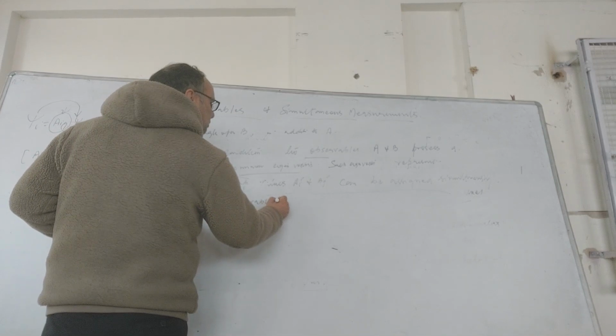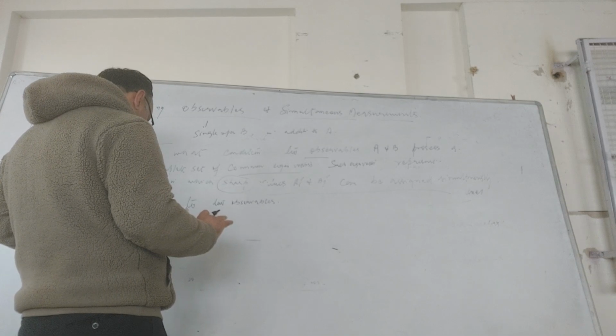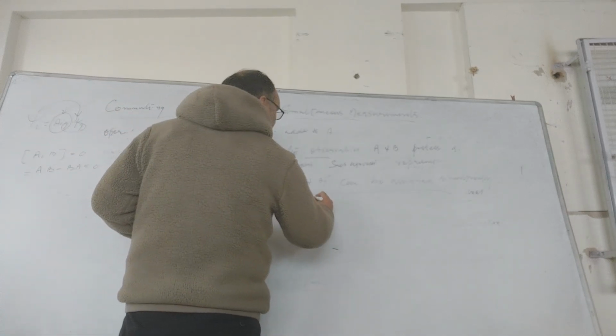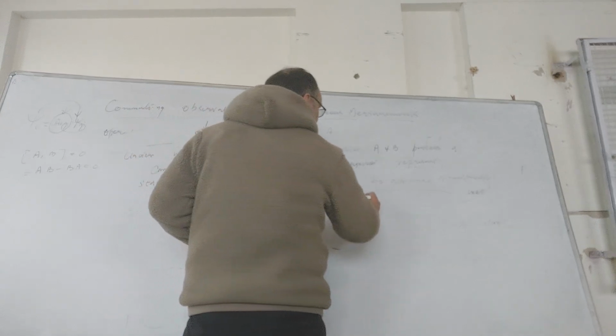We can have more than two observables, but for now we'll take two, in principle. In principle, A and B are called simultaneously measurable.